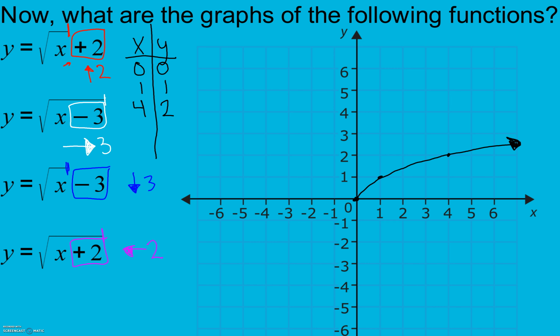Here, I go up 2 for each point. Up 2. Up 2. I take each point and move it right 3. Missed there. Sorry. I take and I move down 3 each point.